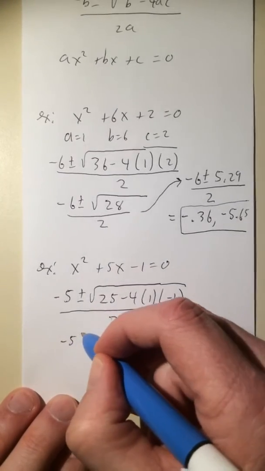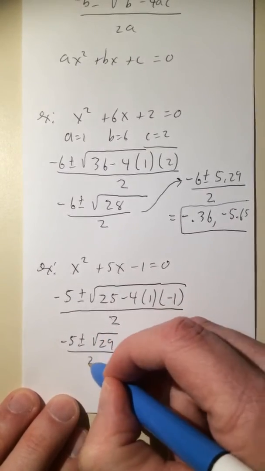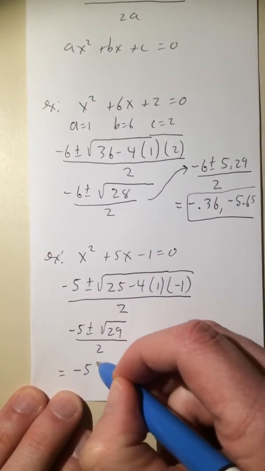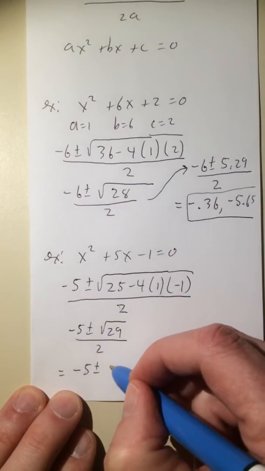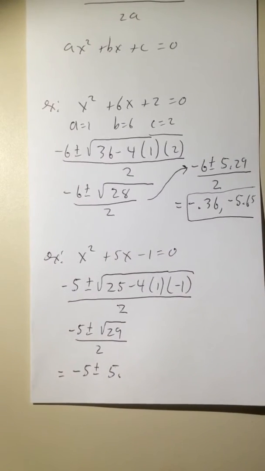So we got negative 5 plus or minus root of 29, all of that over 2. The square root of 29 is going to be 5 point something. I'll do that over here on my calculator, not showing you because it'll take less time that way. The square root of 29 is 5.39.